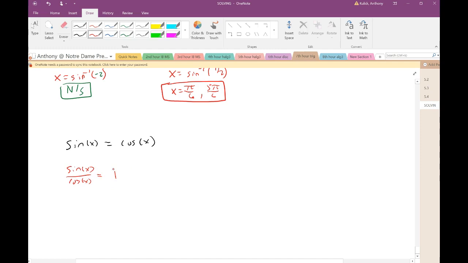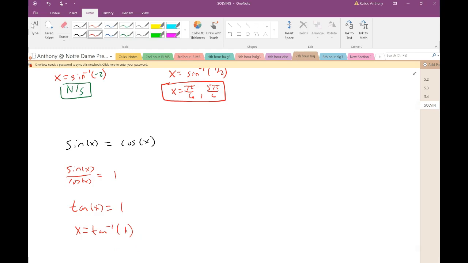Now, what's the advantage of doing this? What is sine over cosine? Tangent. Aha! That's good, because we can deal with a single trig function, right? So we just do tan inverse of both sides. Is tangent of 1 a unit circle value?